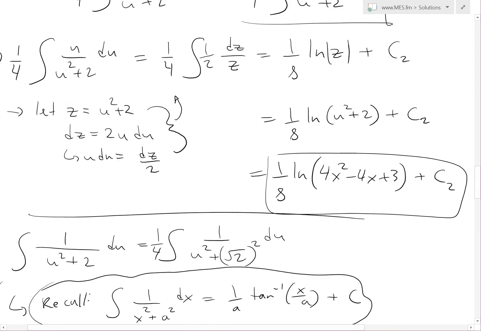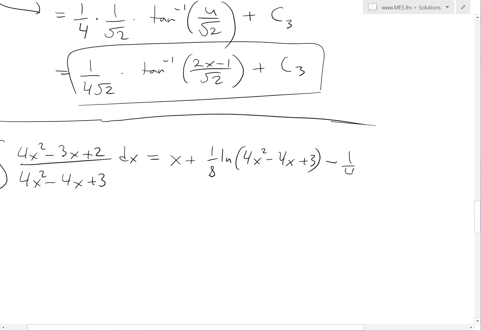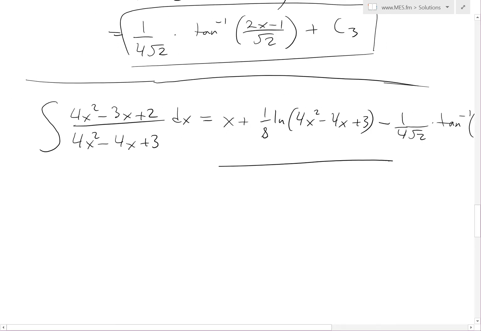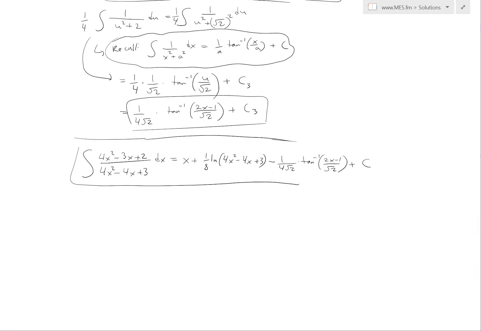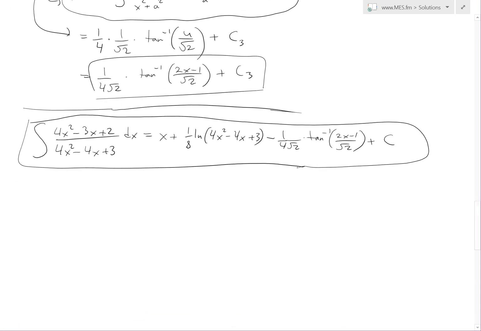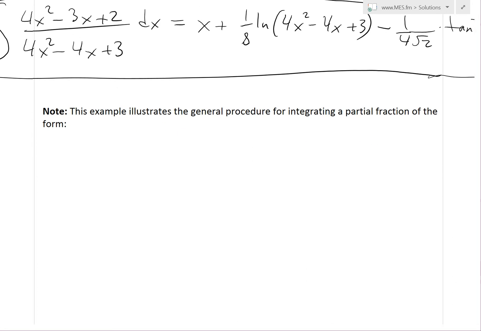It's not a plus, this is a subtract, because there was a subtraction sign right there. This is now 1 over 4 square root 2 times tan inverse of (2x minus 1) over square root 2, plus a constant c. And this is finally our answer. I'll just highlight this all. So that's finally our answer.